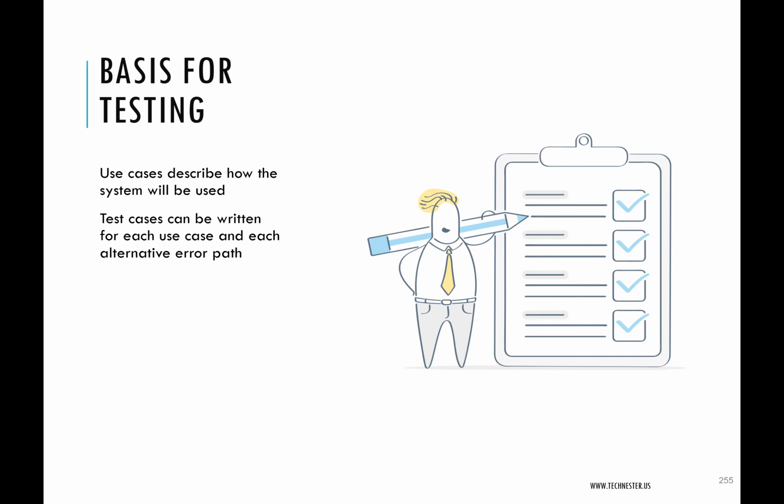So when developers come and say, we're finished building this system, you can immediately check, okay, can the system allow us to withdraw cash? Let's test it. Can the system allow us to deposit cash? Let's test it. Right? So these use cases help you know what to test for when the system is deployed, so they can form a basis for testing.